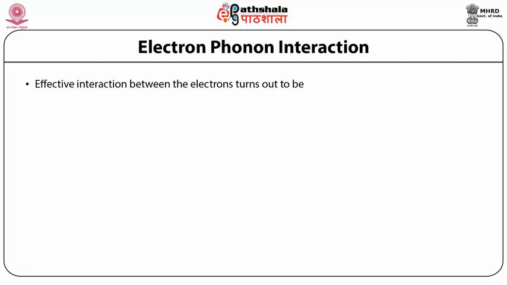The effective interaction between the electrons turns out to be V effective as a function of q and omega, equal to mod of g_qλ squared into 1 by omega squared minus omega_qλ squared.